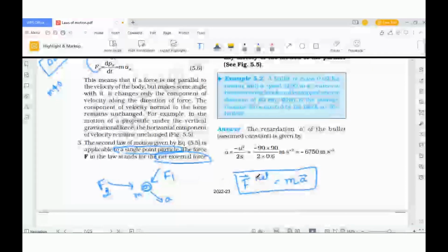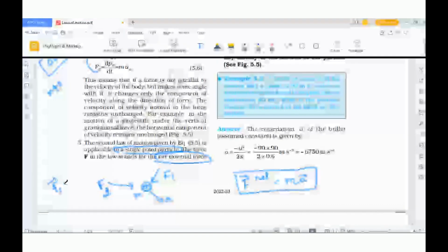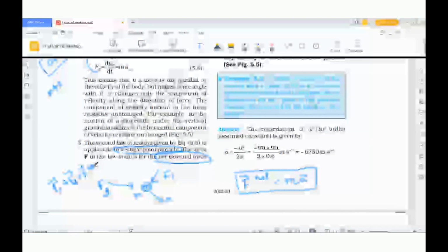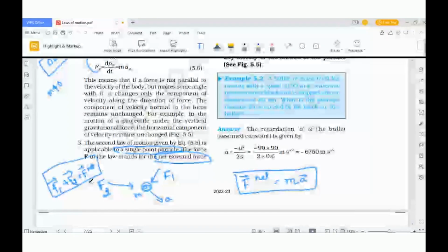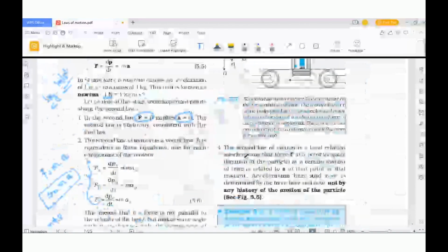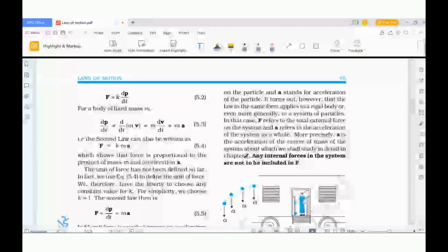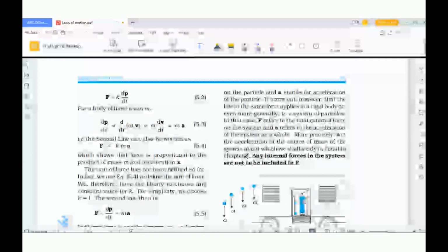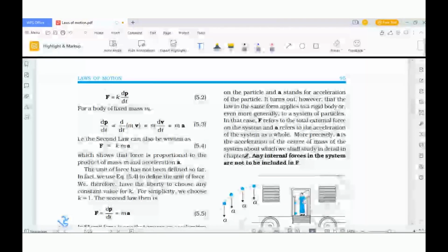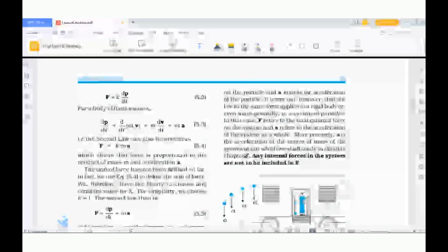And how do you find out the net force? You have to do vector sum. Vector F1 plus vector F2 will be equal to vector F net. So how do you find out the resultant of two vectors? The formula: square root of a square plus b square plus 2ab cos theta.